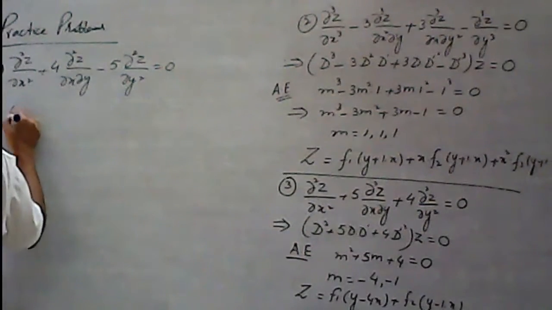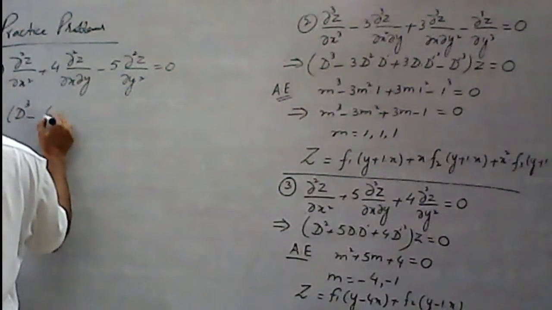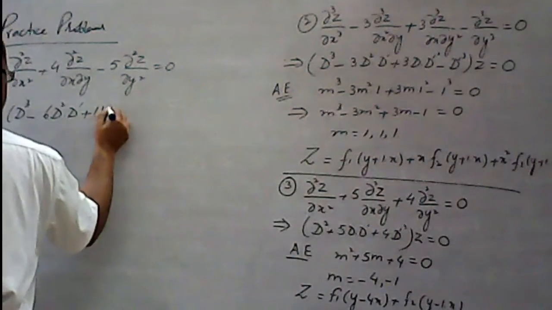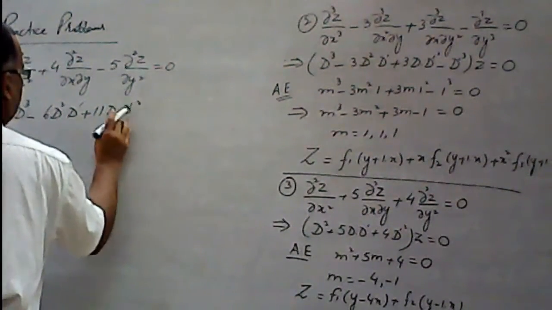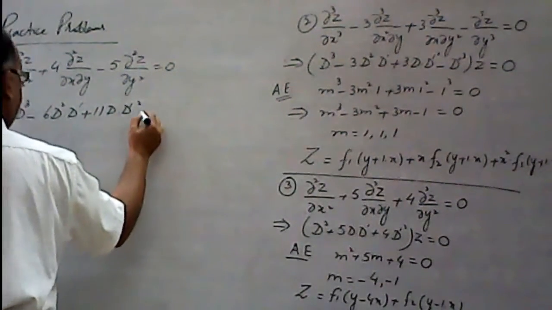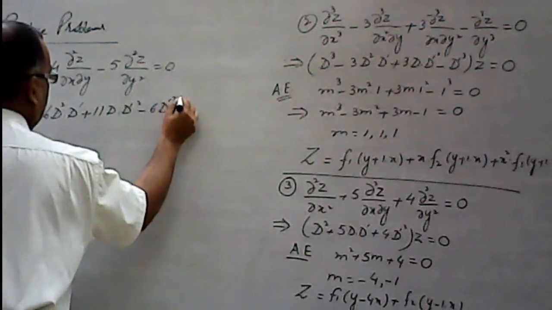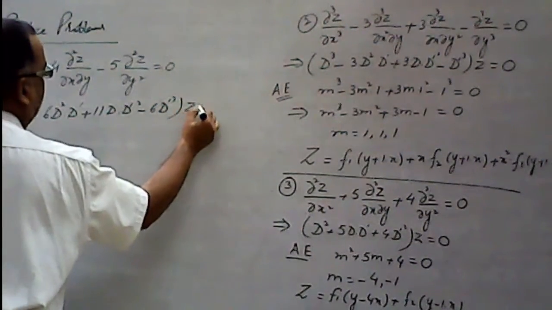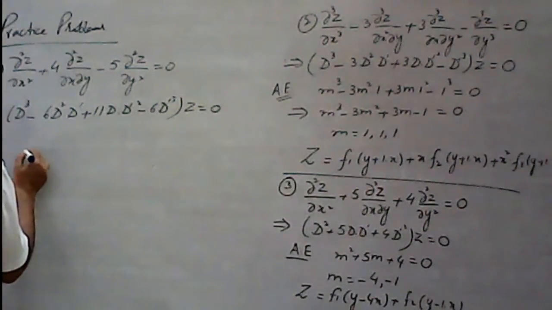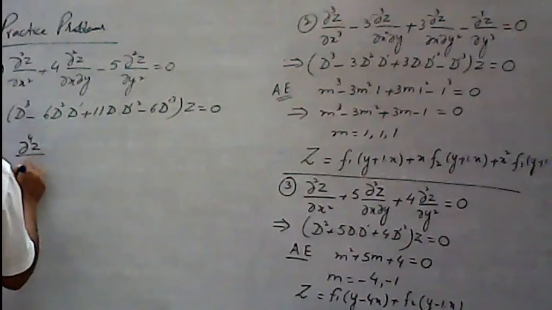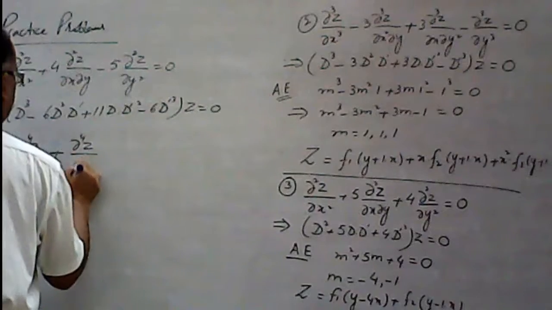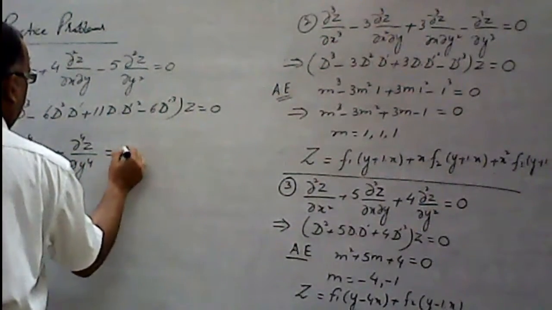Number 2: D cube minus 6D square D dash plus 11D D dash square minus 6D dash cube of z equal to 0. Then number 3: partial 4z upon partial x power 4 plus partial 4z upon partial y power 4 equal to 0.